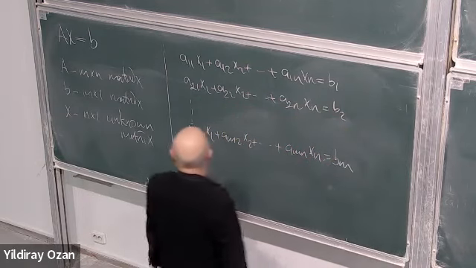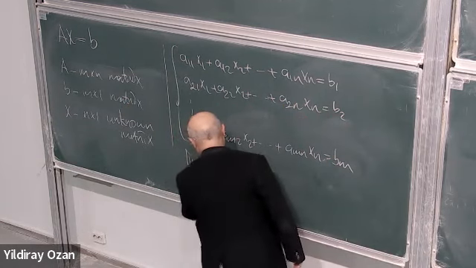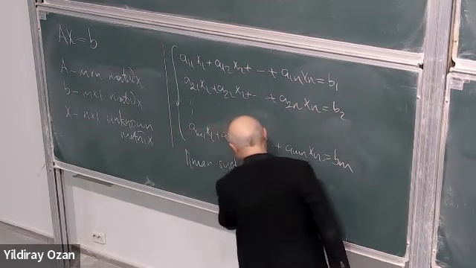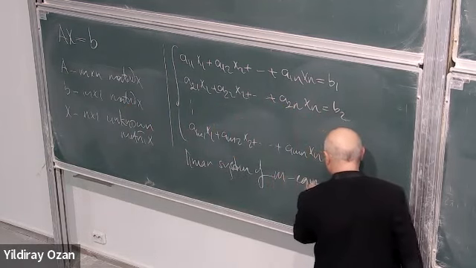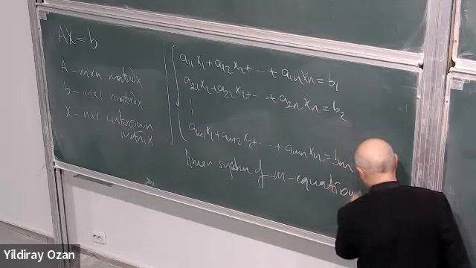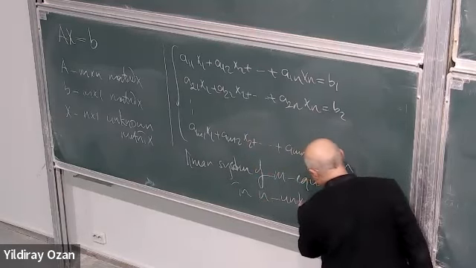So we have n equations, a linear system of n equations in n unknowns.